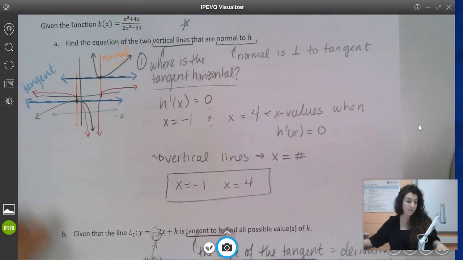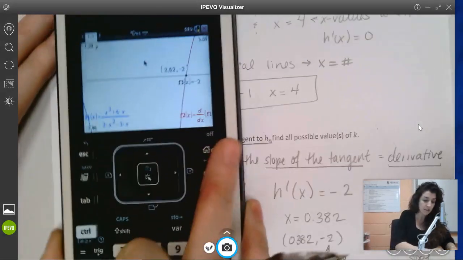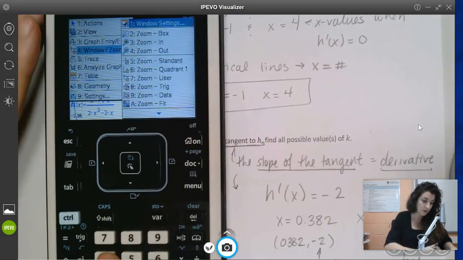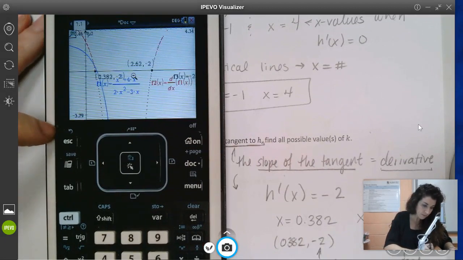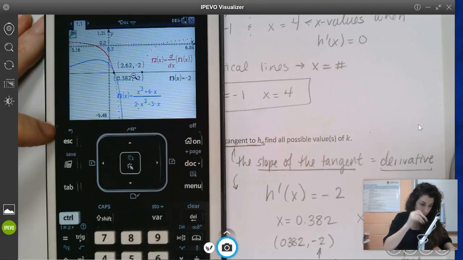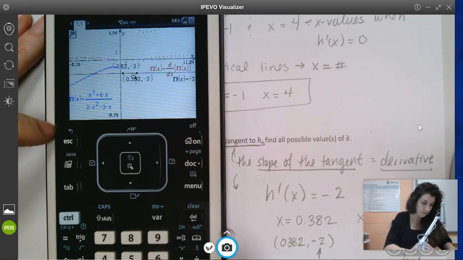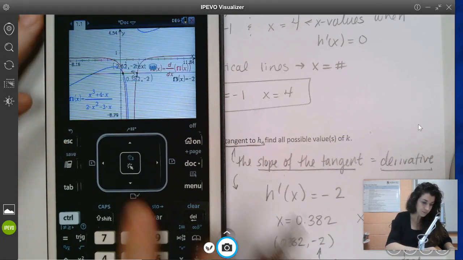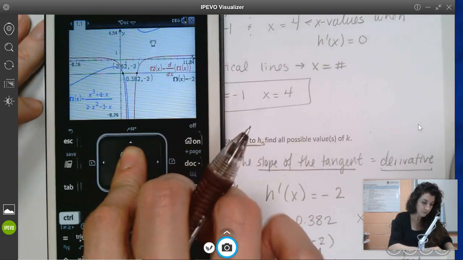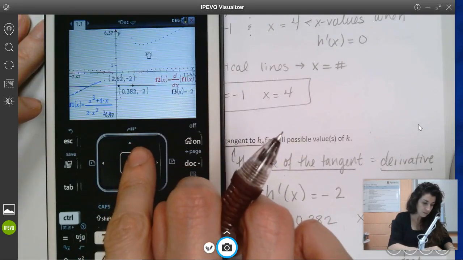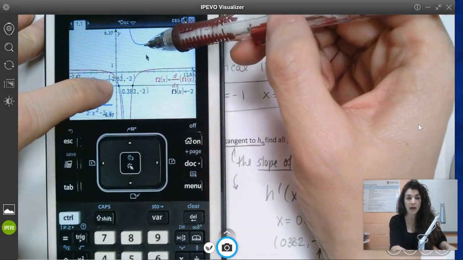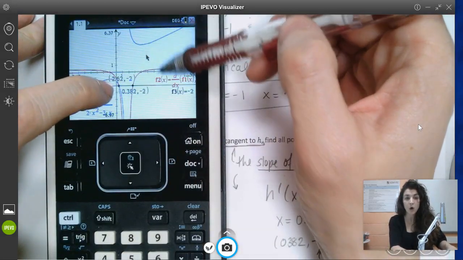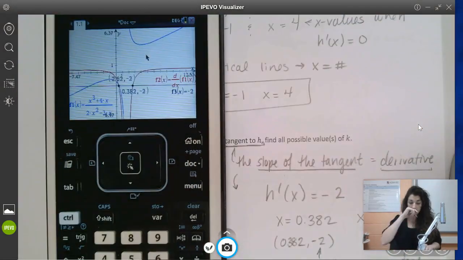For me, I'm going to zoom back out, and that means going back to the blue graph. What y value coincides with those two x values? You can find those on your own.